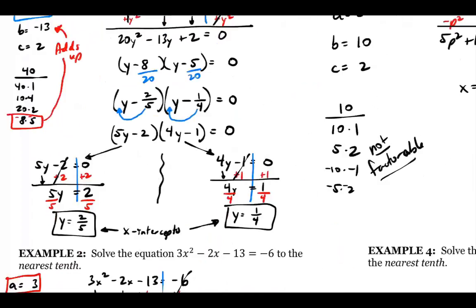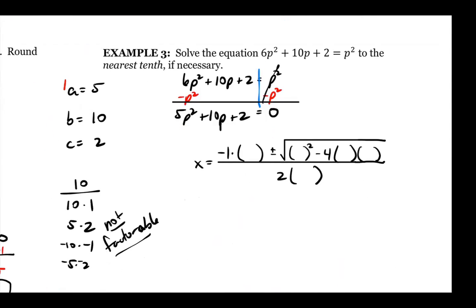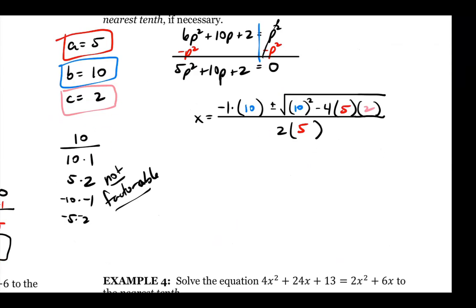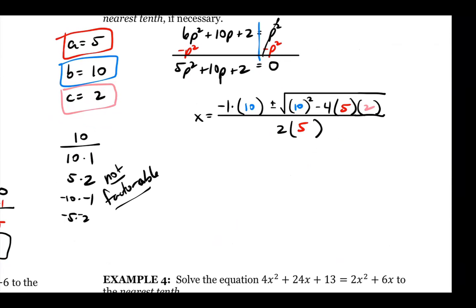Okay, there's an a here and here. Everywhere there's a b, I'm going to put a positive 10. Everywhere there's a c, I'm going to put a positive 2. Okay. Simplify.